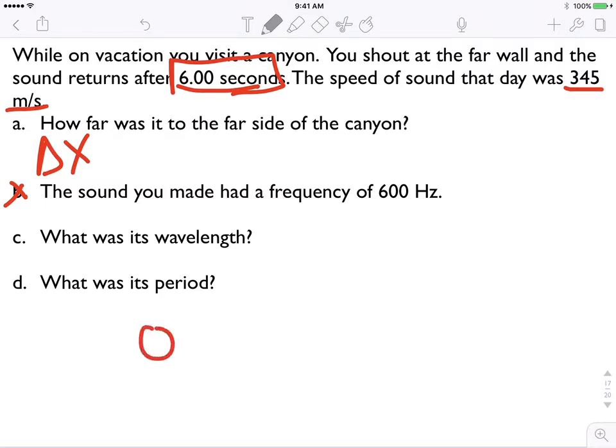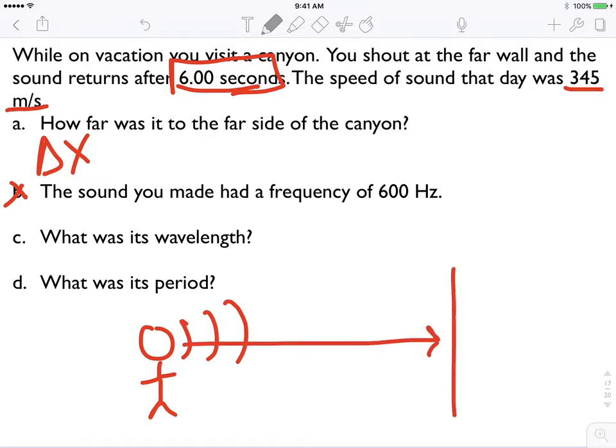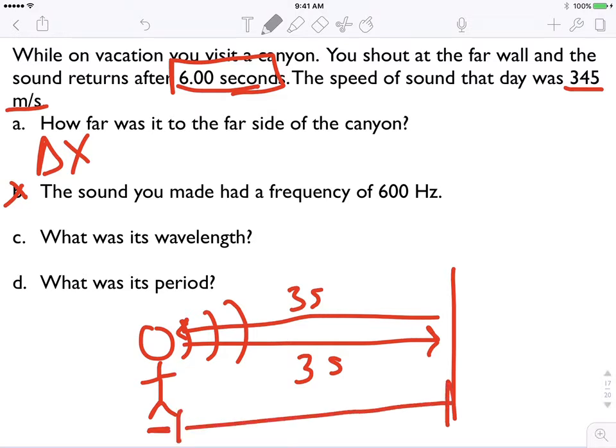So if we draw a little picture, this is you, and you shout, and that sound wave travels all the way to a canyon, and then it echoes back. It takes a total of 6 seconds. So going is 3 seconds, and then back it's 3 seconds. We just want to know the distance from here to here.